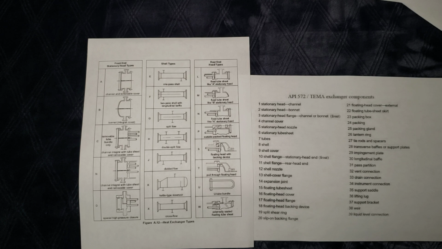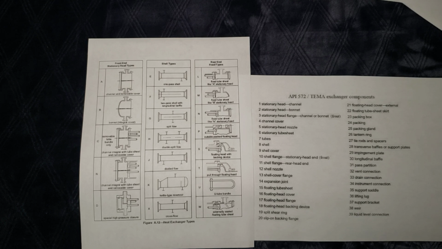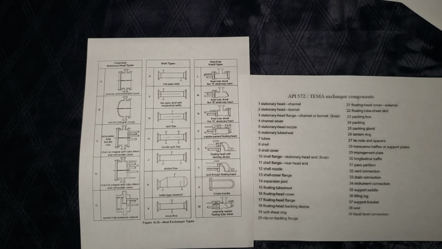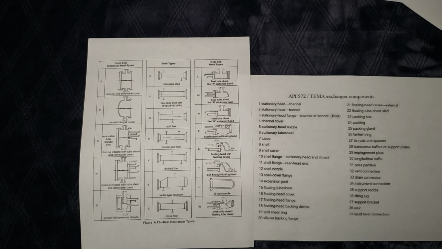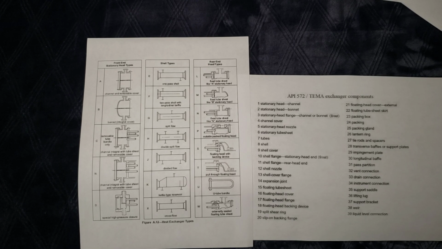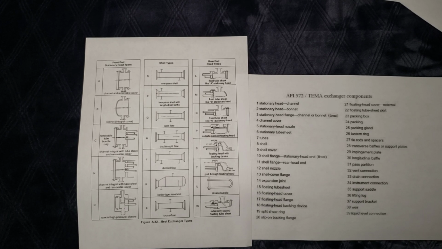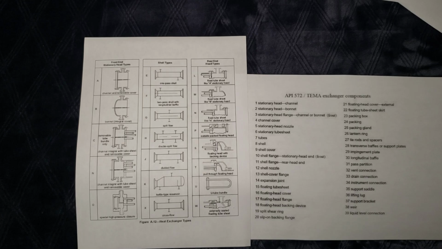And what I was trying to explain to him was there are ways, especially for exchangers, that coincide with the diagrams that are found in API 572 that are the TEMA exchanger component types as it relates to the letter designations.